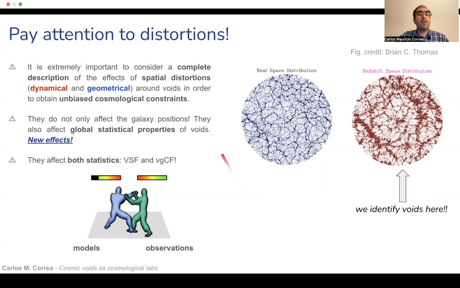Traditionally, we have focused only on the spatial distribution of galaxies, but the truth is that distortions also affect global statistical properties of voids, leading to new effects that must be taken into account properly. And very important is that this problematic affects not only the correlation function, but also the void size function.